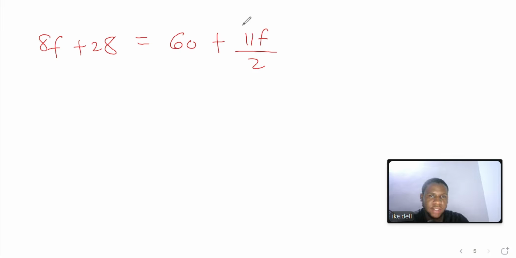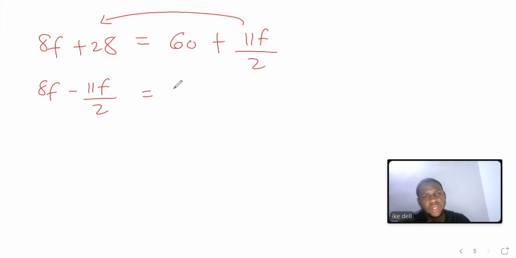So now let's send this over here. So 8f minus 11f over 2 would equal 60 minus 28. Now this 8 you're seeing here is the same thing as 16f over 2, because that was 8f, right? Minus 11f over 2.